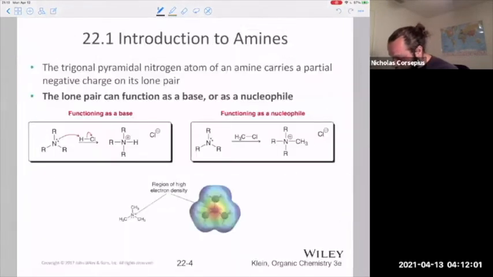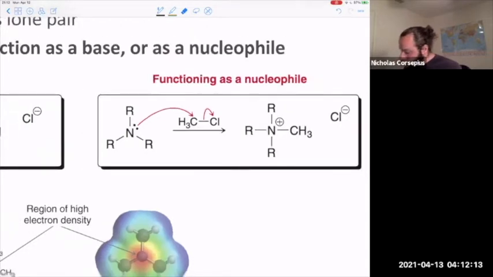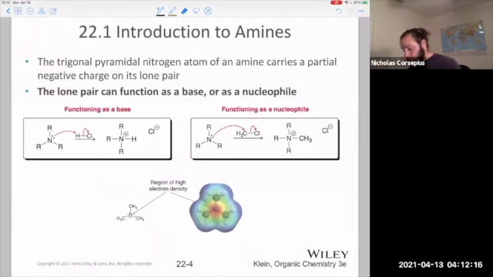The other thing that we see nitrogen doing a lot, again because of its lone pair, is acting as a nucleophile, in this case with an alkyl halide in an SN2 type reaction. This is because nitrogen has that lone pair, right? It's also relatively electronegative. So there's this high region of electron density that sits on that nitrogen.